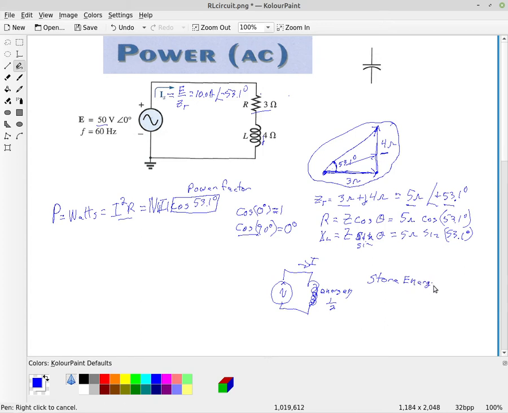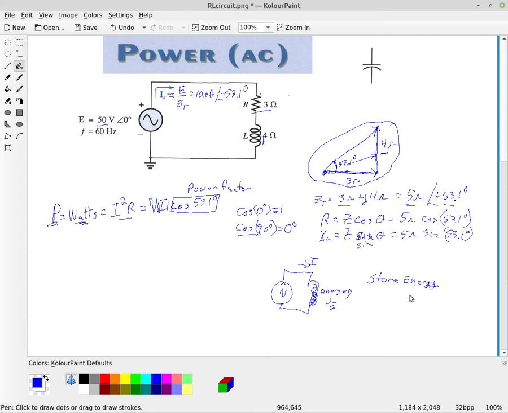So when we talk about power P in watts, we're talking about real power, power being used, power being converted. It's being converted from electrical energy into thermal energy, or in the case of an electric motor, into mechanical motion, and power is the instantaneous energy.